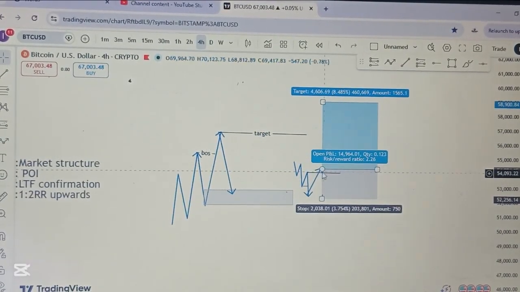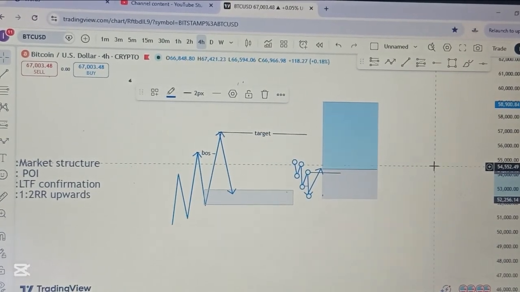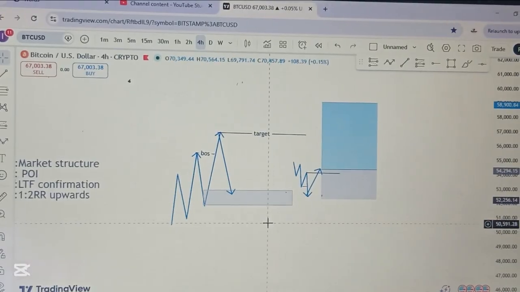So once you break your lower time frame resistance, you take your buy and put your stop loss at the last support. So that is just it. That is how you can confirm the lower time frame confirmation.